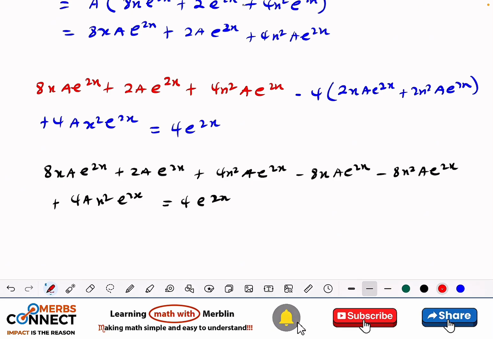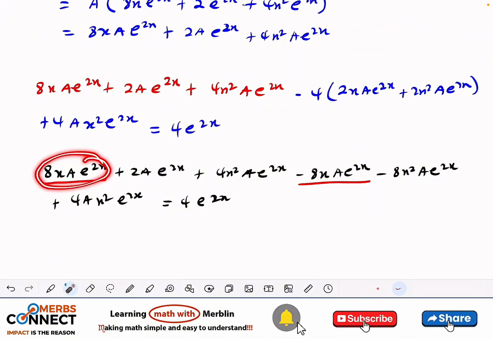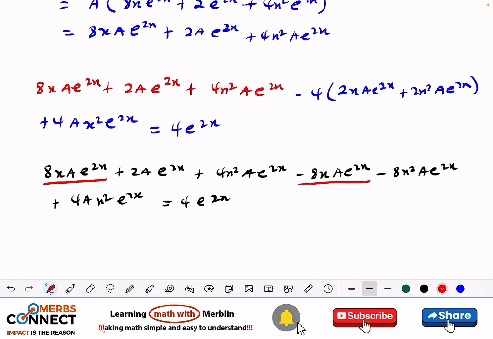So let's see if we can cancel some terms. So I can see 8x a e to the power 2x out here, and then I can see also this one. So this one will cancel out because this is positive and this is negative. Good. I can also see 4a x squared e to the power 2x, the same thing here.